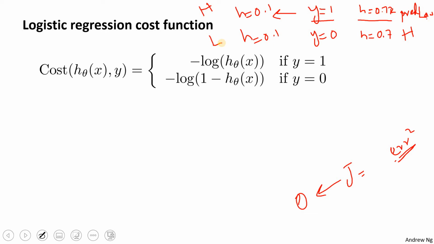Still there will be some cost, some error. Why? Because I am not sure about my prediction. Remember, 0.1 and 0.4 are not the same. 0.1 means that I am very sure that it is 0, but 0.4 means that I'm not so sure about this value.